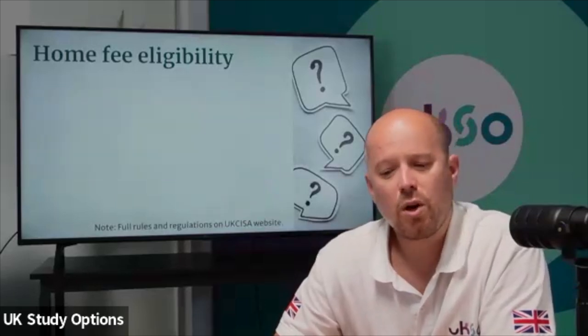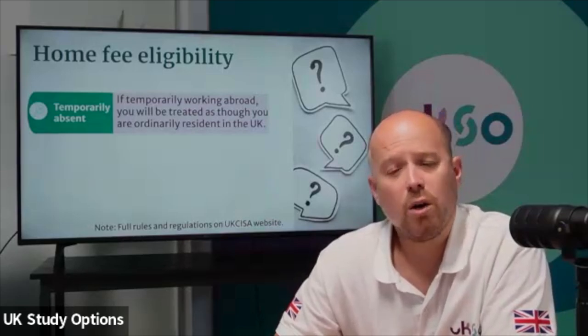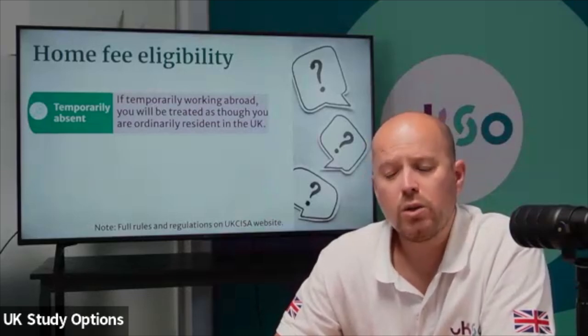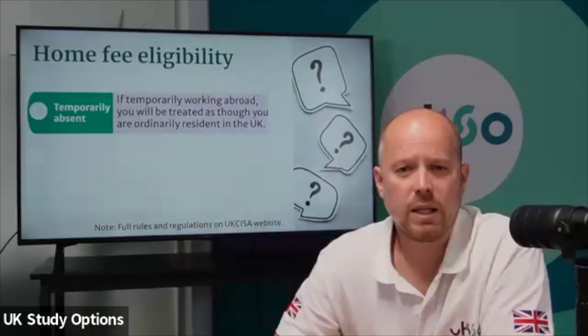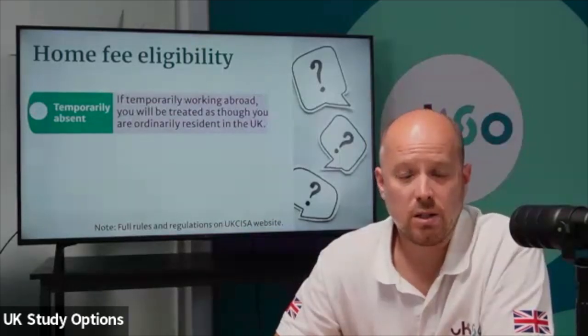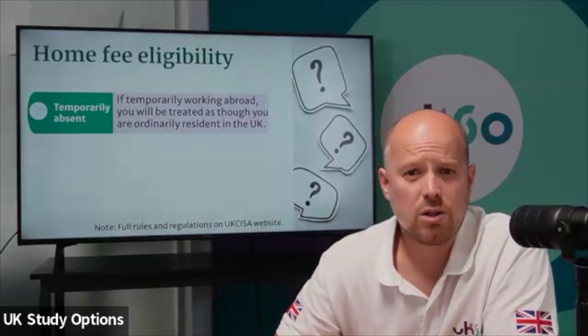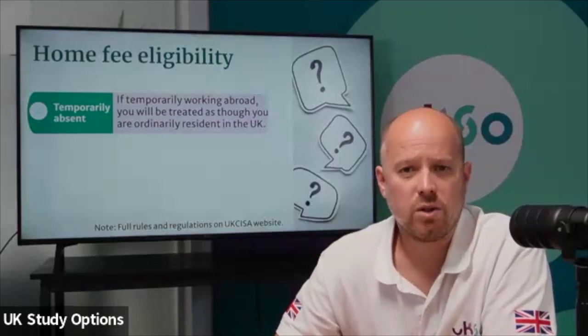But we also know that if you are not ordinarily resident, you still get home fees if you are temporarily absent. So if you are temporarily working abroad, you will be treated as though you are ordinarily resident in the UK. And so this can be a pathway for many families to get home fees in the UK, and especially perhaps for expat teachers working outside of the UK.